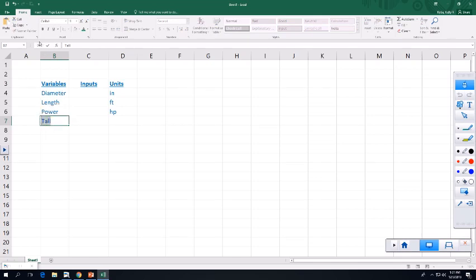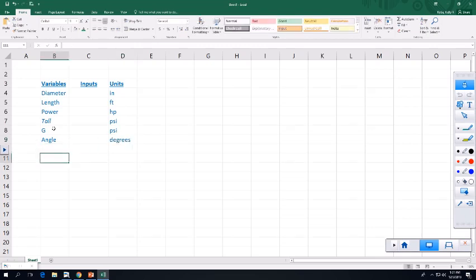T-A-L-L. I'm just going to make this like I did earlier, put it in italics. And that's going to be in PSI. And then over here, G, PSI. Oh, and then angle. And that's going to be in degrees.